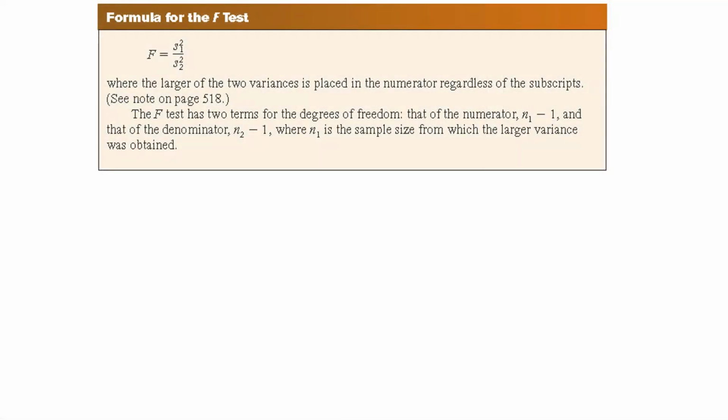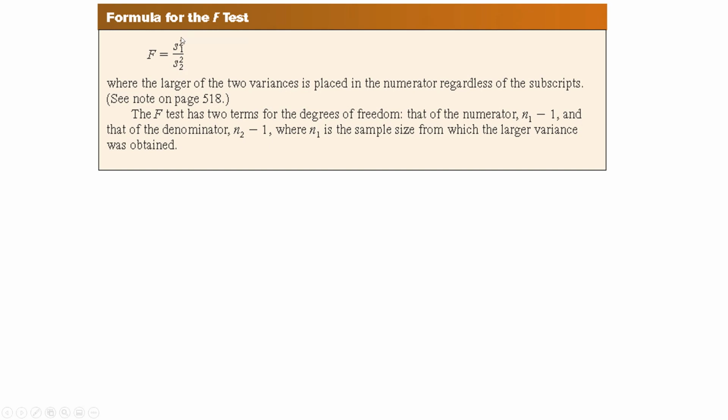Now, this would be the formula for the F test. So we have F is equal to the variance of one sample over the variance of the other sample, where the larger of the two variances is placed in the numerator regardless of subscript.